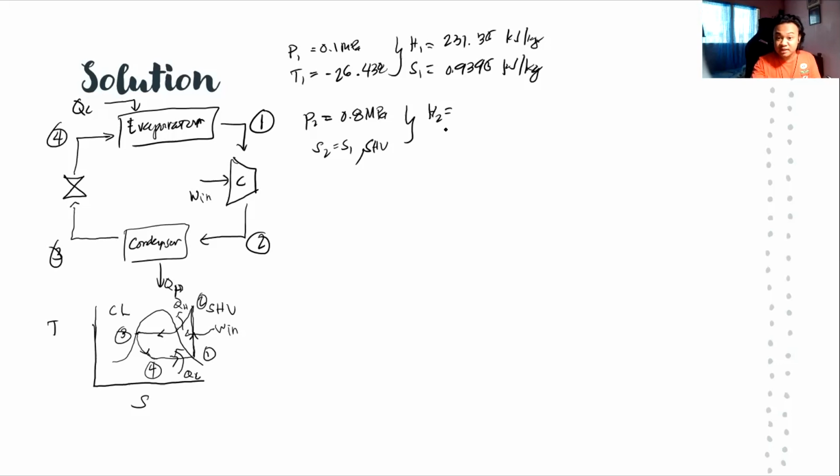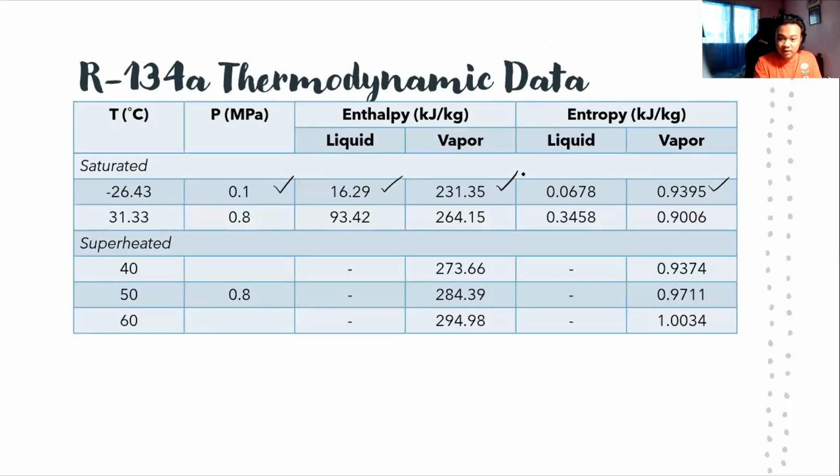H2 is isentropic, so meaning we are to interpolate, right? We are to interpolate these values, because 0.9395 is between these values. Okay?